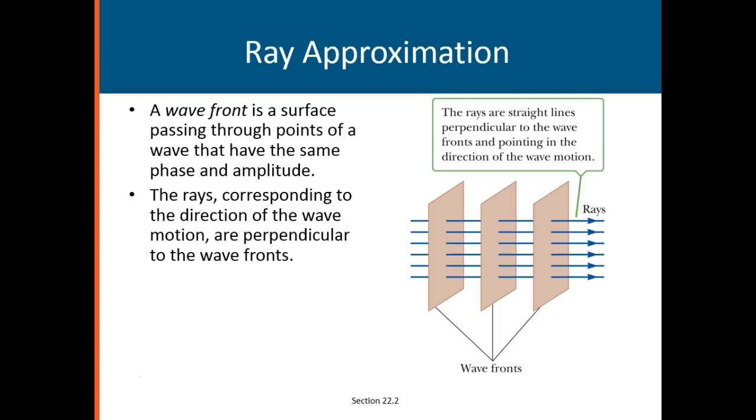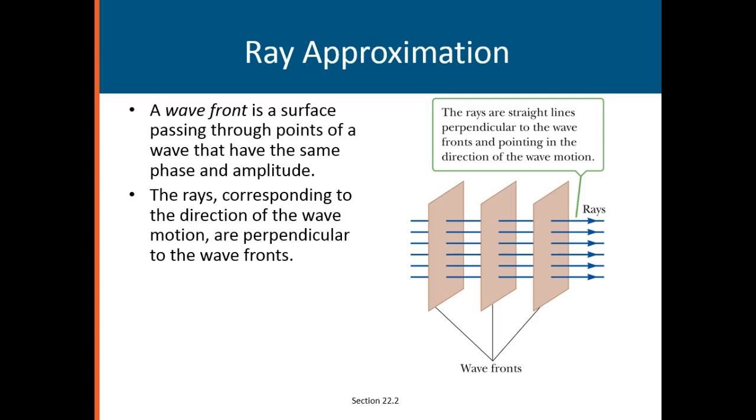I think I've given it back to you already. The rays, corresponding to the direction of the wave motion, are perpendicular to those wavefronts. So the rays are straight lines, as long as it's one medium, perpendicular to the wavefronts and pointing in the direction of the wave motion. So here the rays go that way.